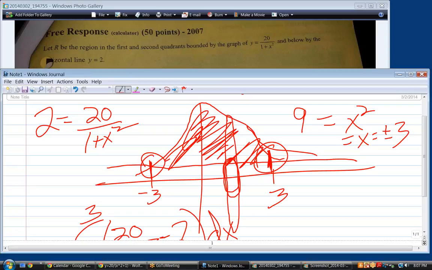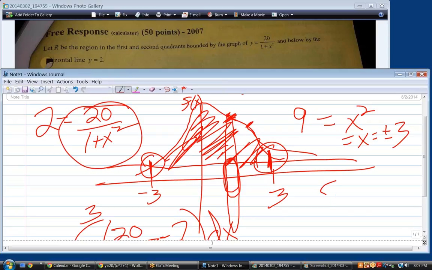What's the radius of the large circle? It'd be the 20 over 1 plus x squared. Yeah, it'd be f of x, right? In other words, this is f of x. So no matter where we're at on the x-axis, this point here is going to be f of x.